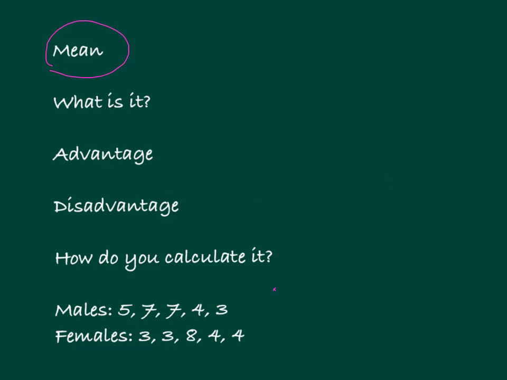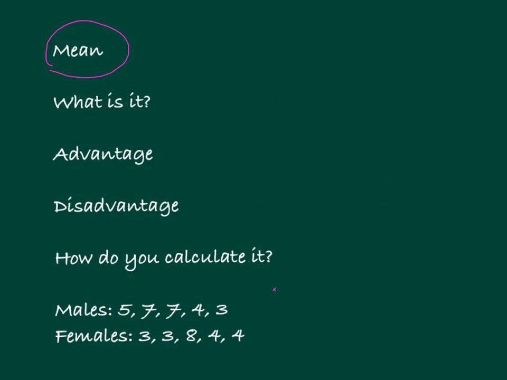So you've probably written down that the mean is the mathematical average, and that an advantage of the mean is that it uses every single score in a data set. So for males you use all 5 scores, for females you use all 5 of their scores.